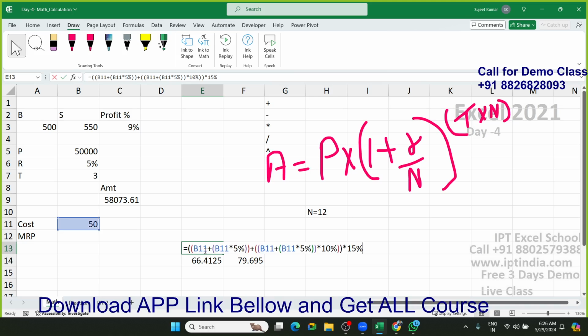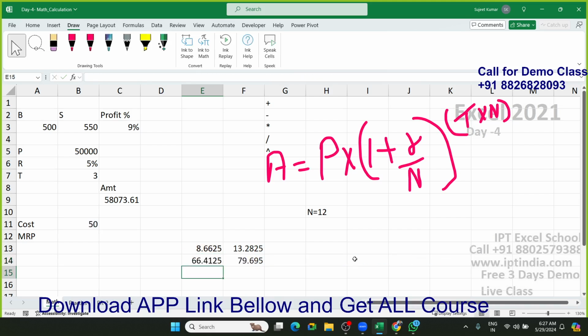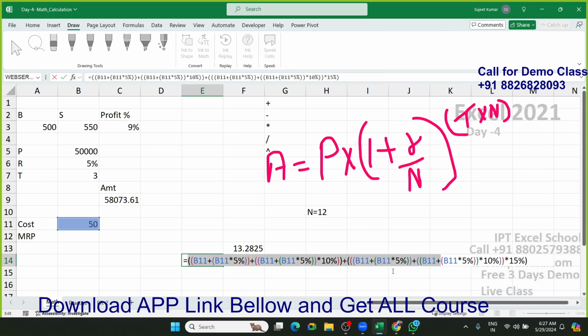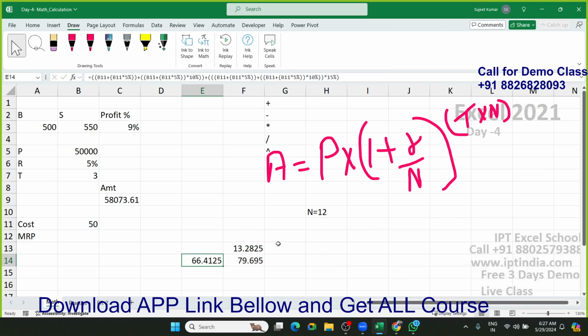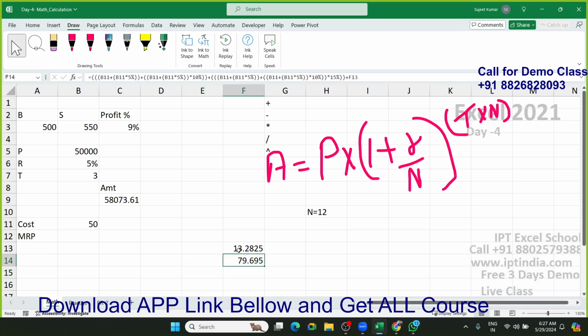Now we copy the E13, select the formula and go to E13, in the bracket paste the formula, close the bracket and delete it. You can see your formula getting bigger. Then E14, sorry, and now the last one we copied.